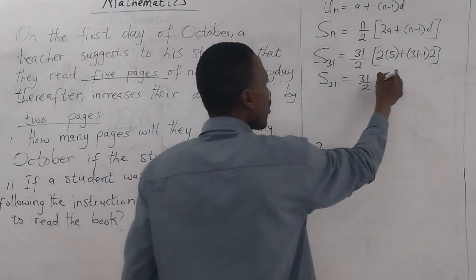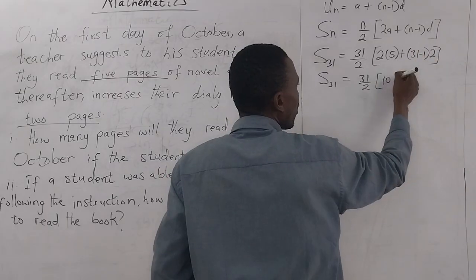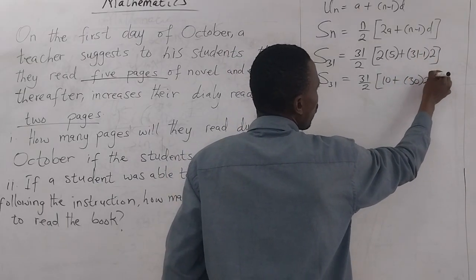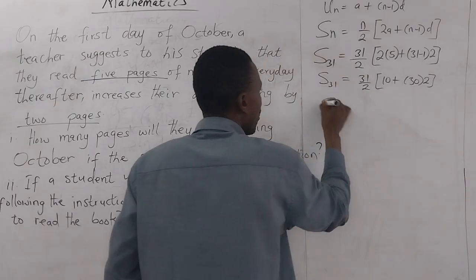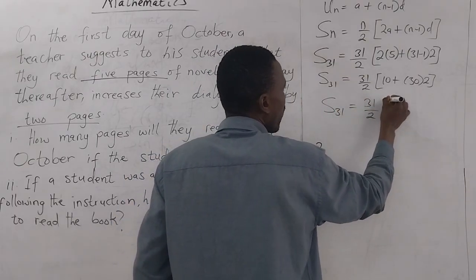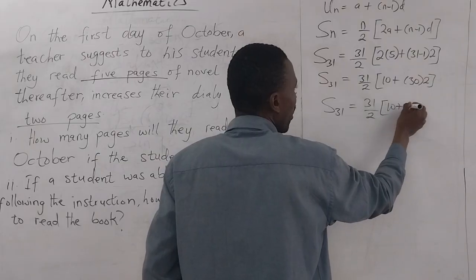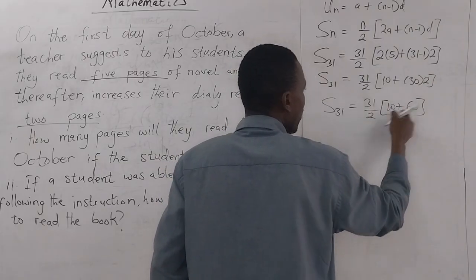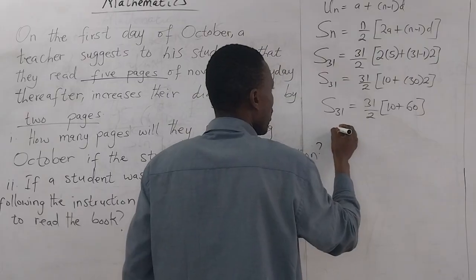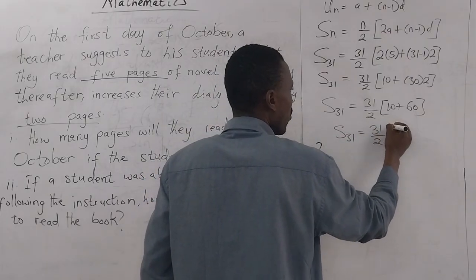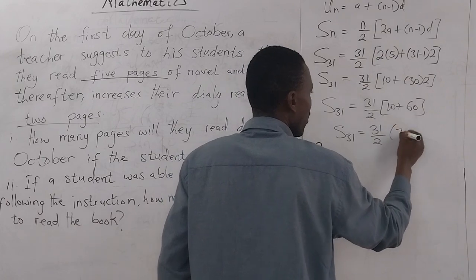So 2 times 5 will give us 10. This 31 minus 1 will give us 30, then times 2 will give us 60. Let's rewrite this again, still 31 over 2, then 10 plus 60, which will give us 70.